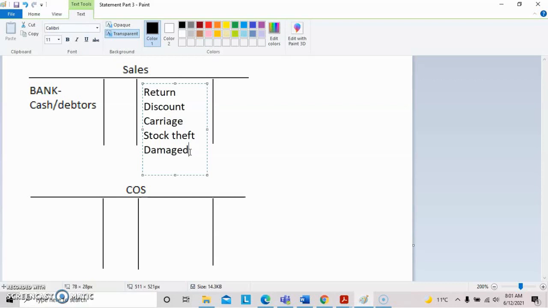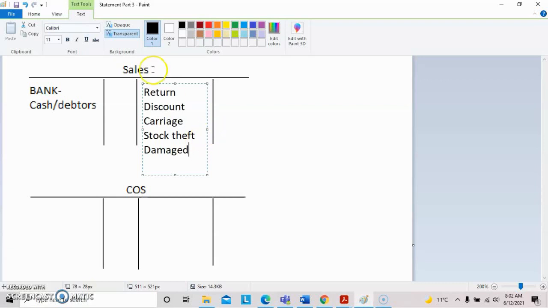We had already sold the stock to the customer, but it got damaged, so it can no longer be sold to the customer. It has to be returned back. So that's going to affect our sales. I hope this is clear for you.